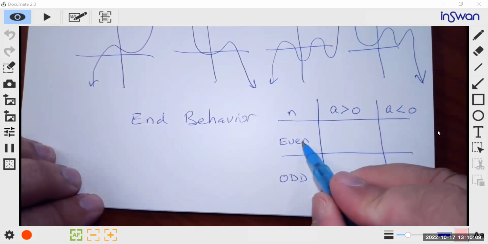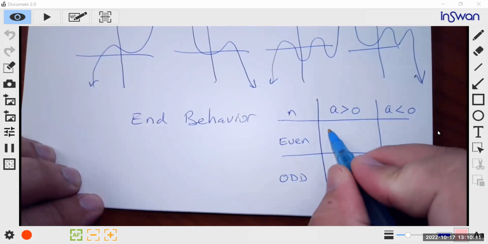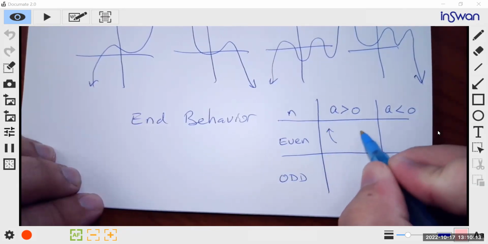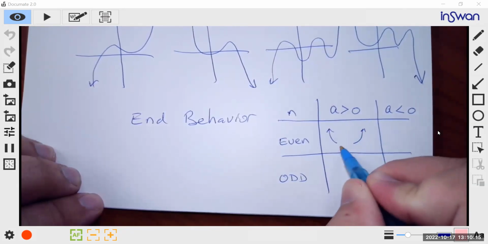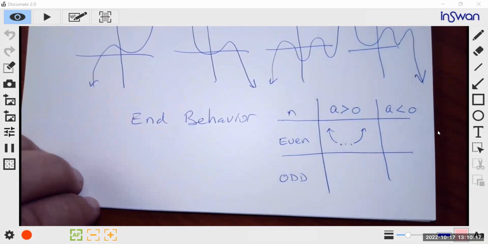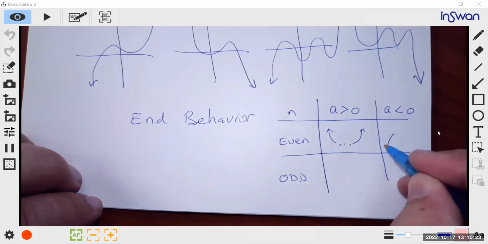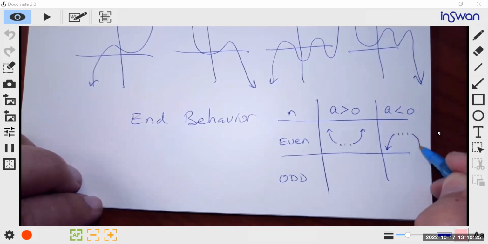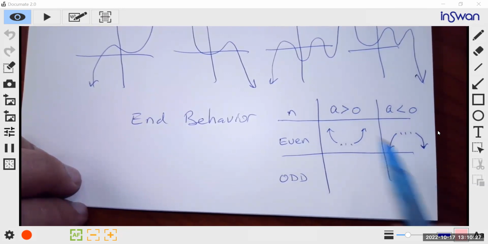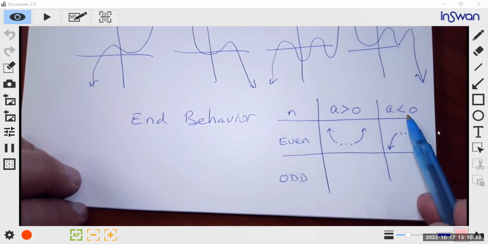If the degree is even and the coefficient is positive, we know that both ends point up. We don't know what happens in the middle, though. You can have a bunch of squiggles. If it's even degree and the leading coefficient is negative, then it points down.